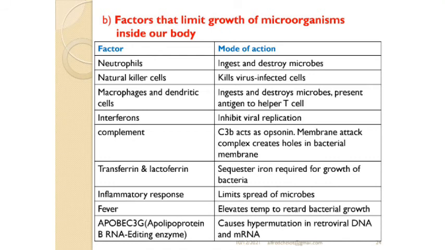Then we have the complement system. For example, complement 3b acts as opsonin, and they can also form the membrane attack complex, creating holes in the bacterial membrane. Next we have transferrin and lactoferrin. These sequester iron required for growth of bacteria, and inflammatory responses limit spread of microbes.